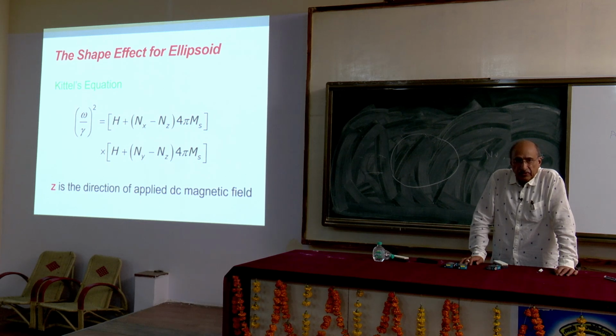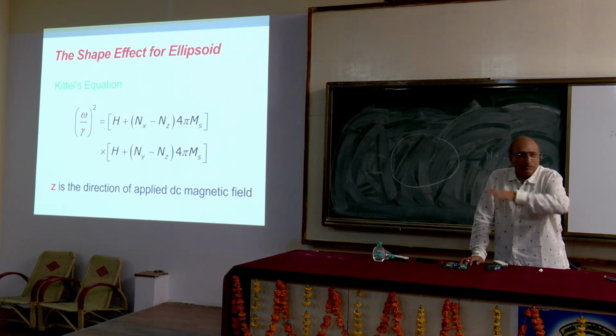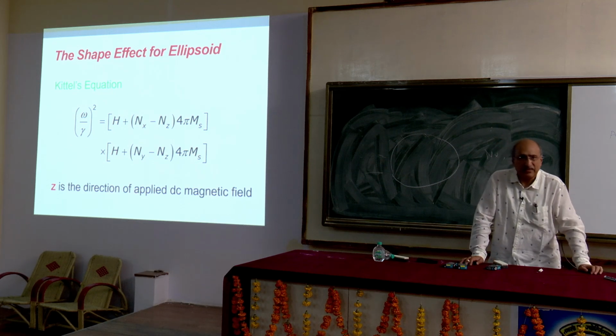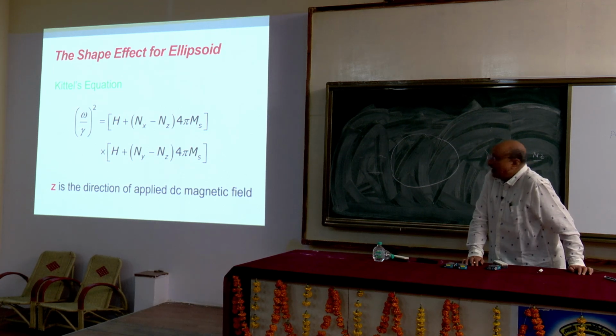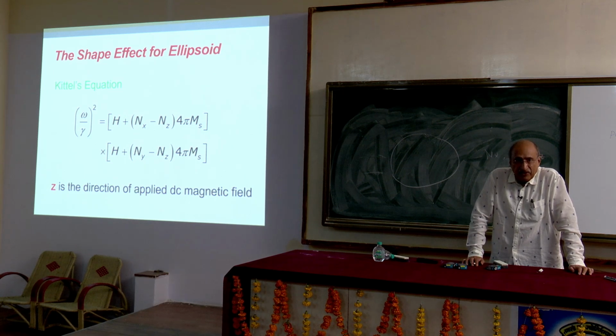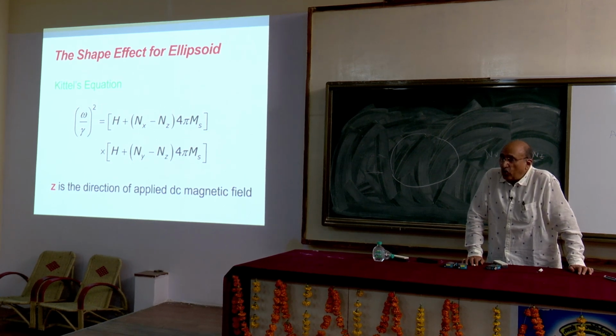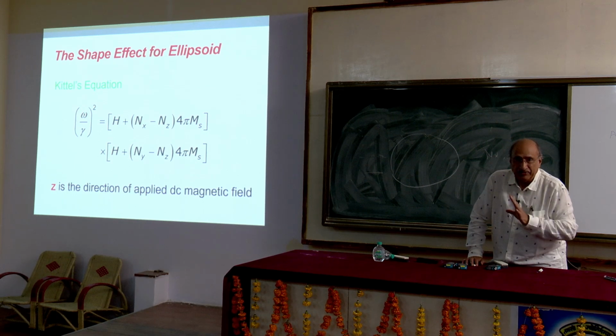All right? Now, I don't want to go into detail of Nx, Ny, and Nz, because this itself will be a full lecture on how these Nx, Ny, and Nz are coming. Now, this is the resonance equation which Kittel derived by taking into account this demagnetizing field.